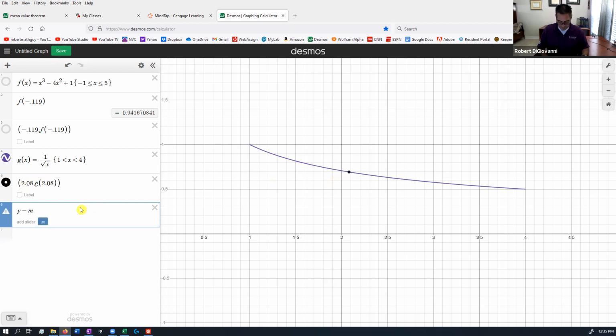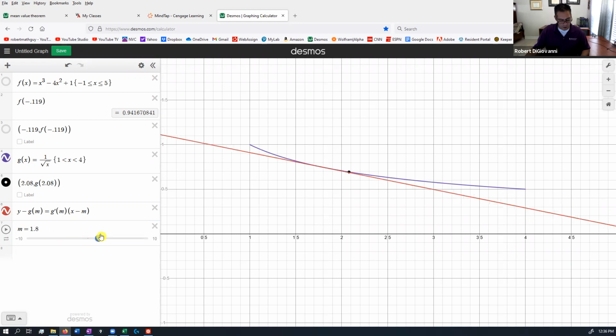Y minus g of m equals g prime of m times x minus m, oh, I messed up, hold on. This is g of m. And then add a slider. There it is. Okay, so now here's the tangent line.